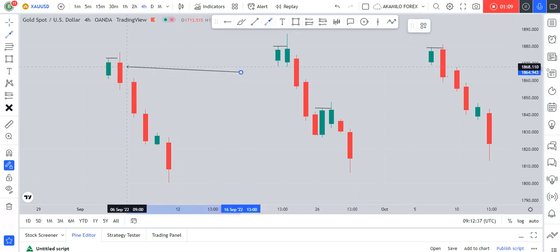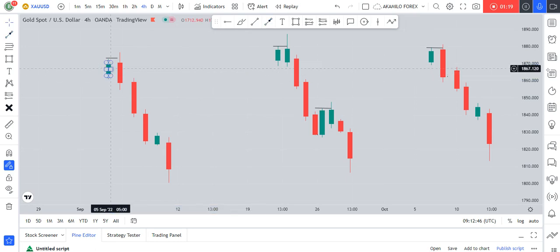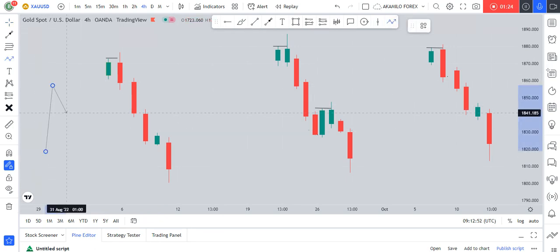In this, we can see that price is in a downtrend. Price is moving down, and this was our last bullish candle before the move.